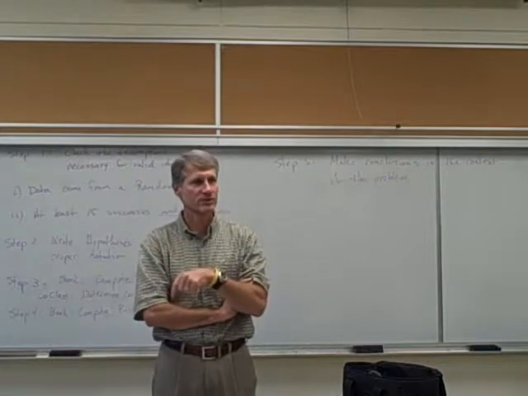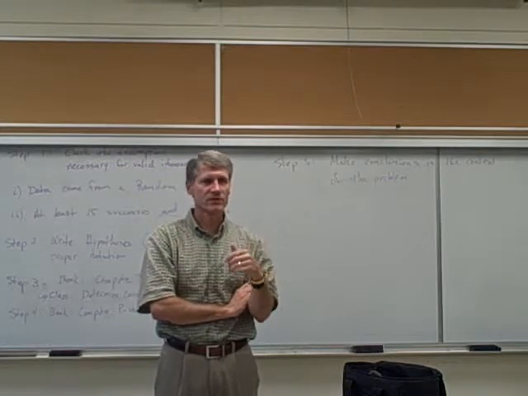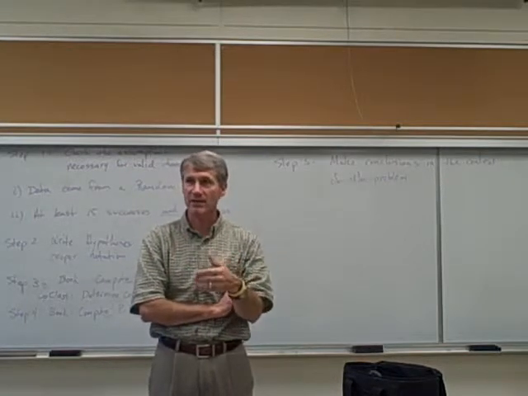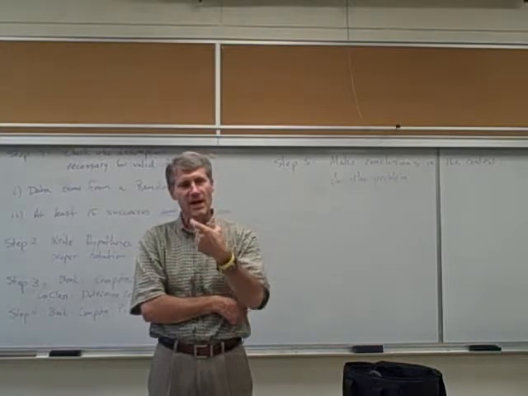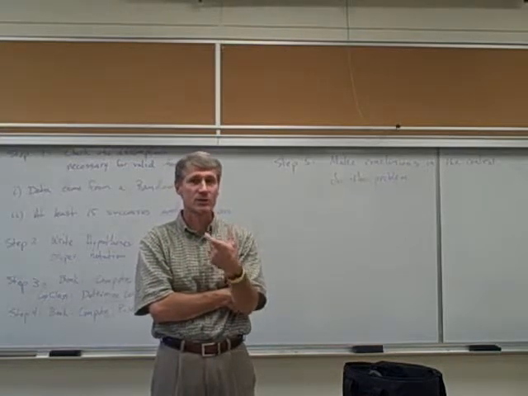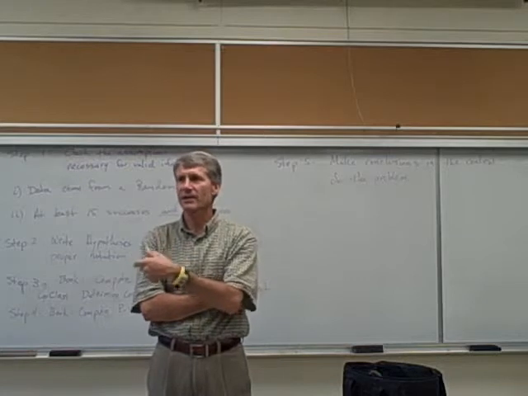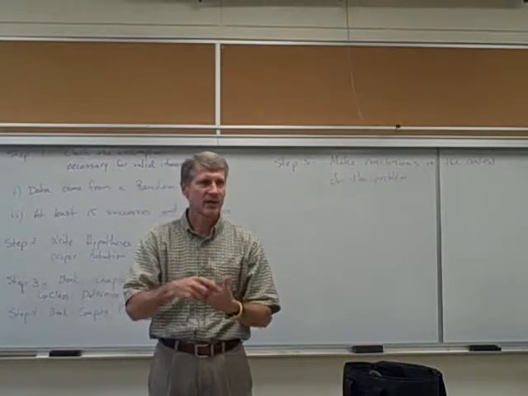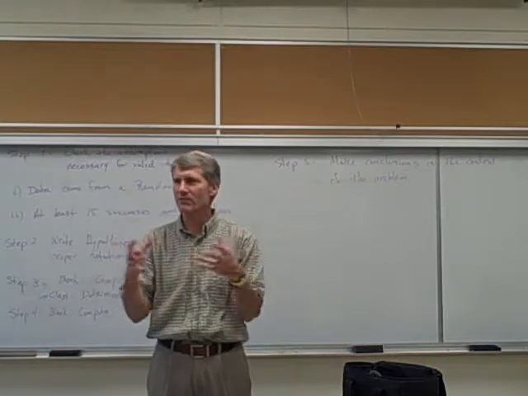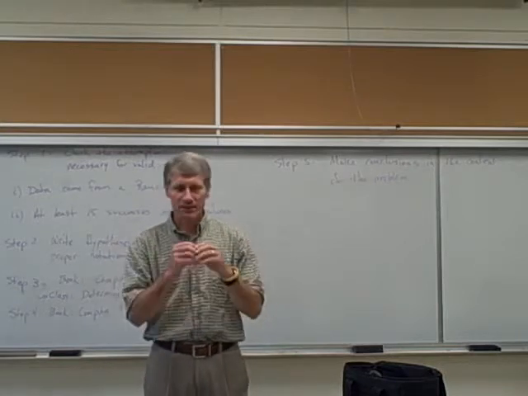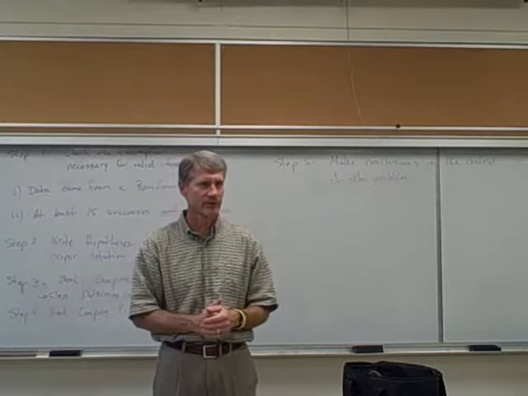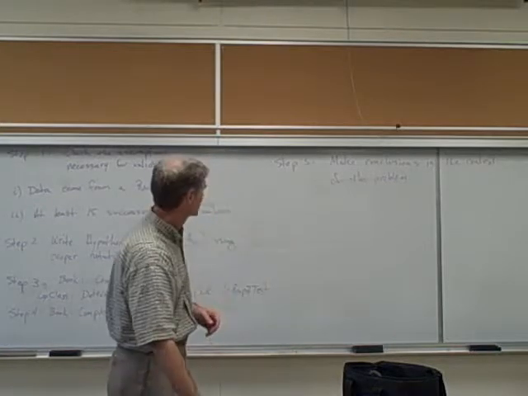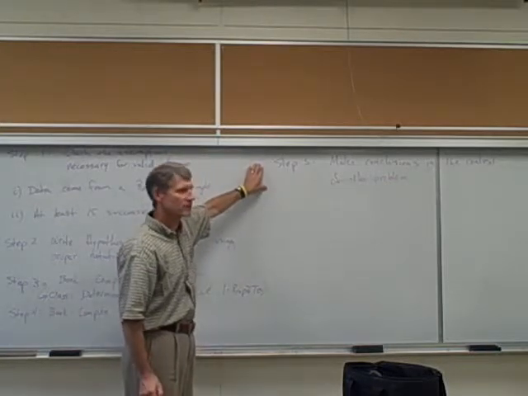So when you make your conclusion, you say, I have sufficient evidence to reject the null hypothesis, meaning that the proportion of allergy sufferers who get relief is greater on drug A than it is on placebo. So you better hear something about what's being compared and the population of interest, and not just reject the null or don't reject the null. Okay? So that's step number 5, make conclusions.